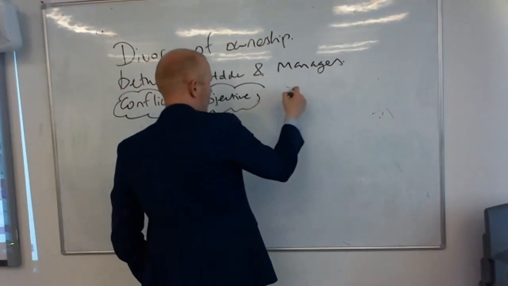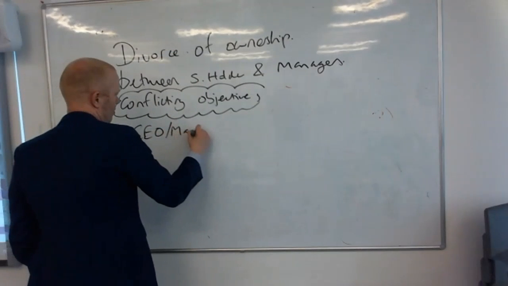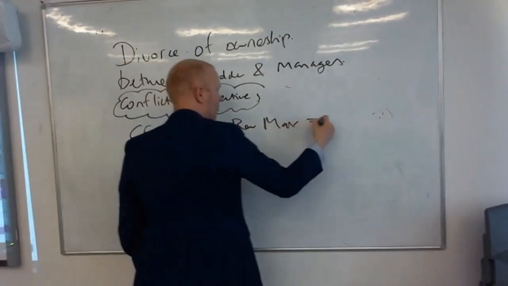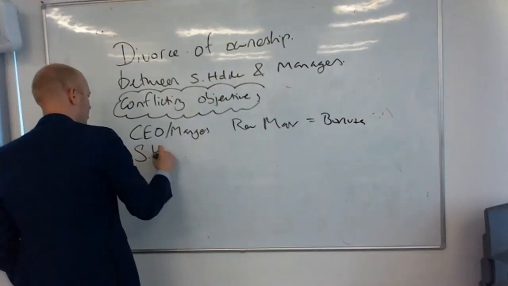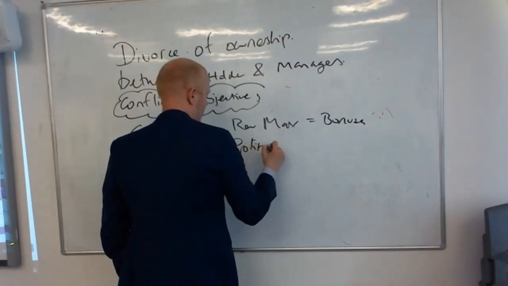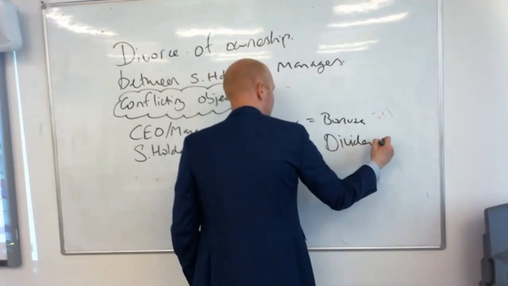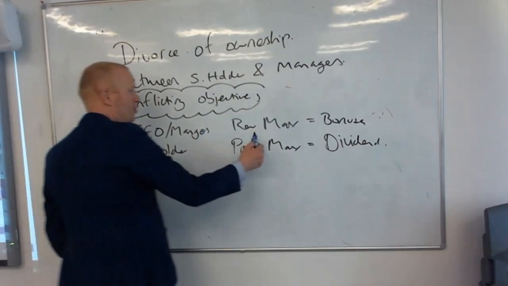And that is because the CEOs or the managers are focusing on revenue max for their bonuses, and the shareholders would prefer profit max, as this will maximise their dividend. So there's a conflict there because this will reduce.